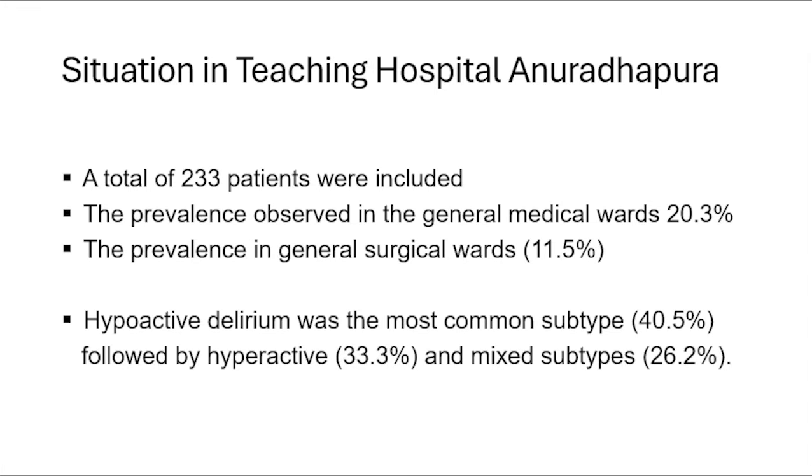And 1 in 10 older adults in surgical wards have delirium, so again we miss quite a lot. In our hospital, hypoactive delirium is 40.5%, hyperactive delirium is 33.3%, and mixed type is nearly 25%.